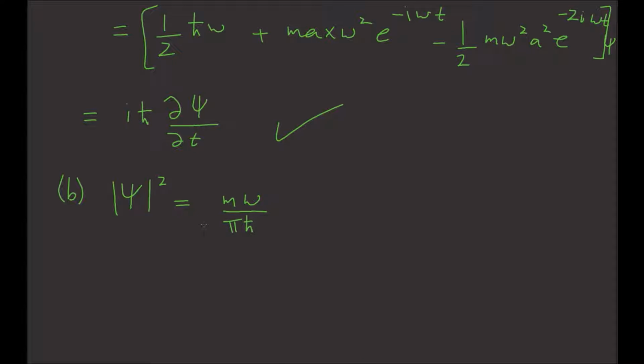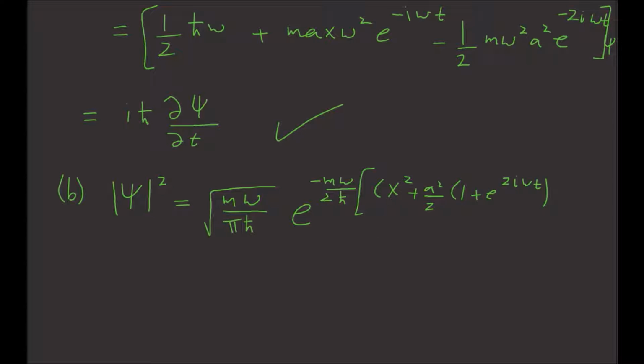So the fourth root becomes the square root, and then we have e to the minus m omega divided by 2 h bar times x squared plus a squared divided by 2 times 1 plus e to the 2 i omega t. Notice there's no negative because this is psi star.